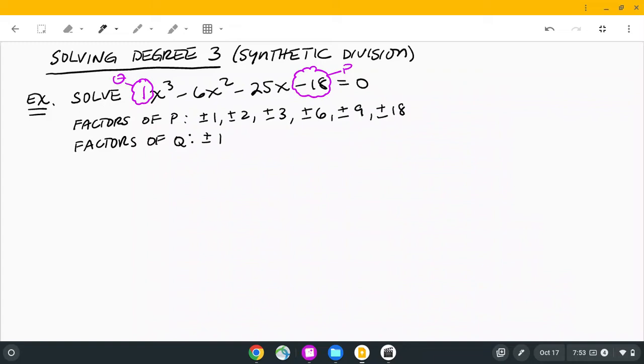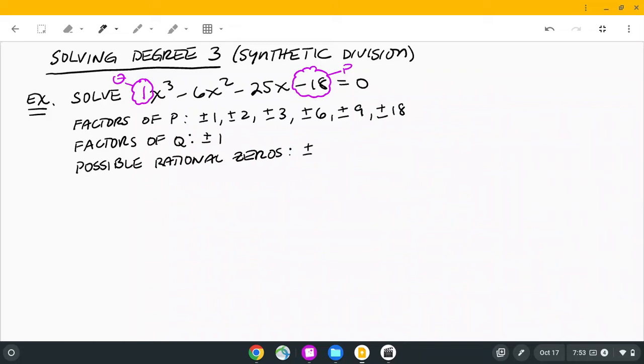So then the possible rational zeros are going to be all of the different combinations of P over Q. Well, thank goodness Q is just 1, so all of our possible rational zeros are just going to be all of these guys over 1, which is just all of those guys, right?